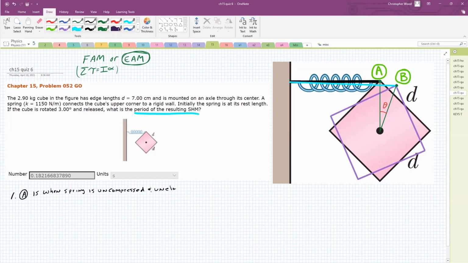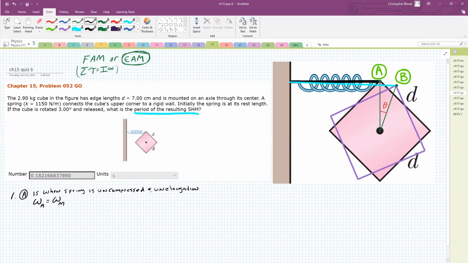In other words, when the spring is at equilibrium. I'm just writing this out just to be detailed. Energy state A right here is when the spring is at equilibrium. It's not compressed, it's not elongated, it's at equilibrium. And at that point, I can say a few other things too. Whatever omega is, omega at energy state A is going to equal its maximum value.